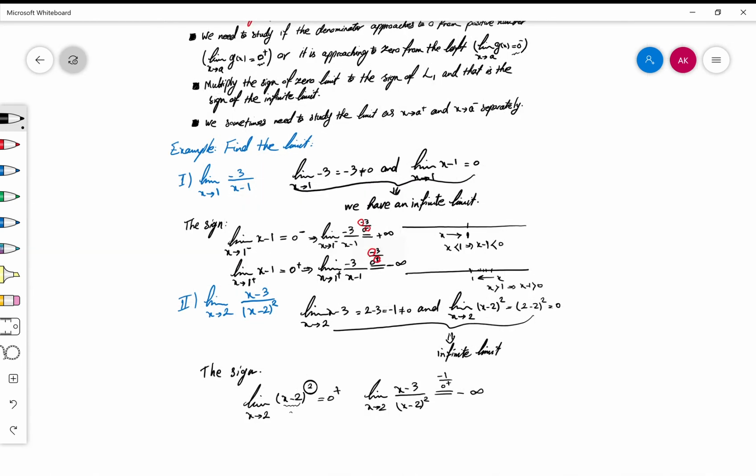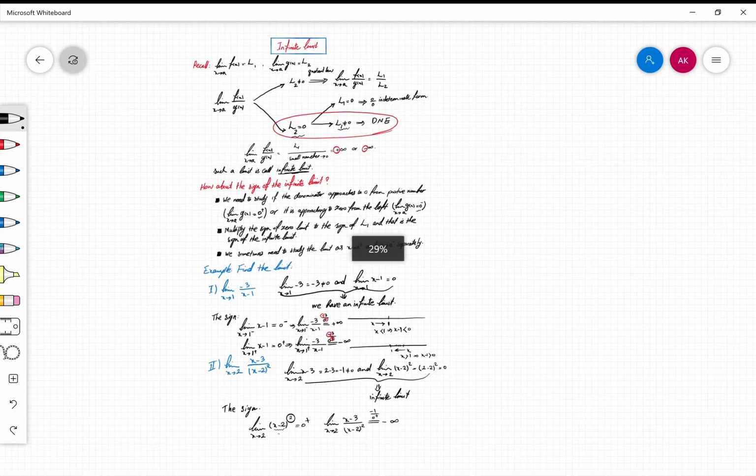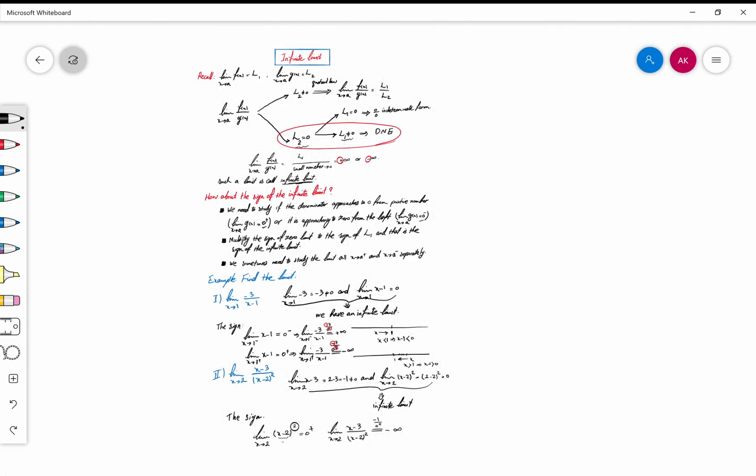Okay, this was what you need to know about infinite limits. As I said, this is just the source of infinite limits for our course, which always comes from the limit of a quotient function.